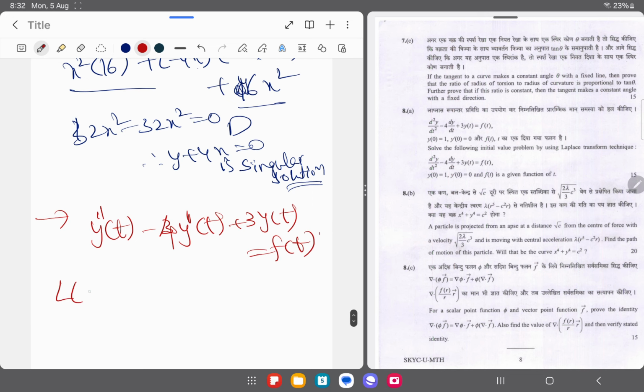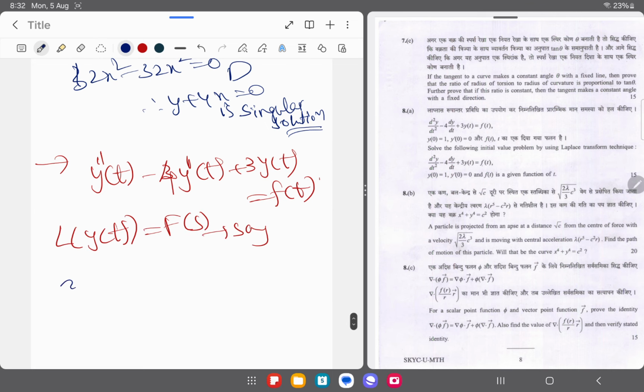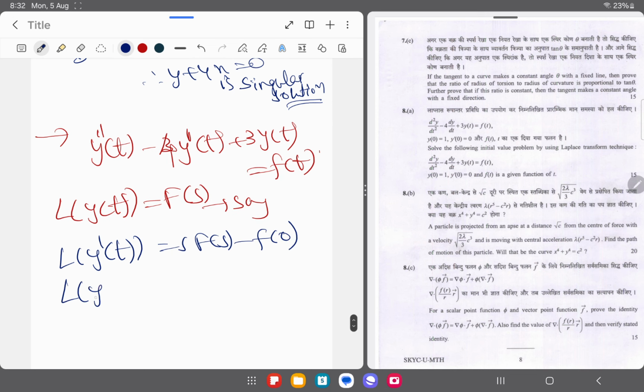Okay, so Laplace of y of t is equal to f of s, say, right? So L of y dash of t is equal to s into f of s minus f of 0, right? L of y double dash of t is equal to s square into f of s minus s into f of 0 minus f dash of 0, right?